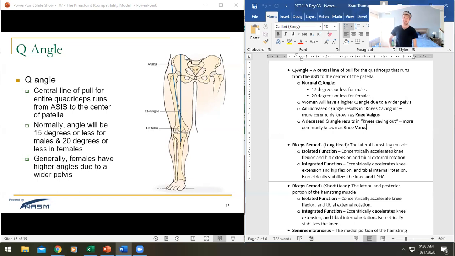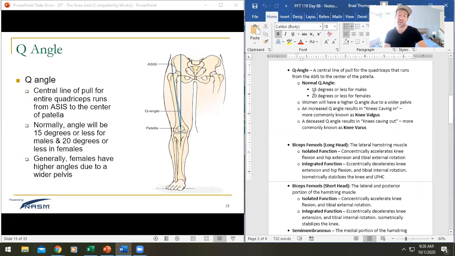But the ASIS, if you were to draw a line from your ASIS to the center of your patella, the dead center of your knee. So I'm standing like this, drawing a line from here down to the center of my kneecap. Ideally, if you were to take a protractor and measure that angle, it should be about 15 degrees in me.